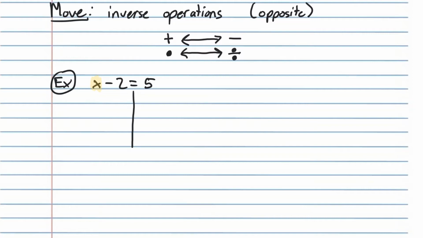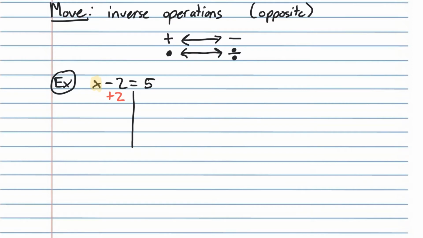Now, negative 2 and minus 2 mean the same thing. So you can read it either way. So the inverse of a negative 2 would be positive 2. So what we're going to do is right below, we're going to say plus 2. Okay? Because that's the inverse operation. But because this is an equation, we have to remain balanced.